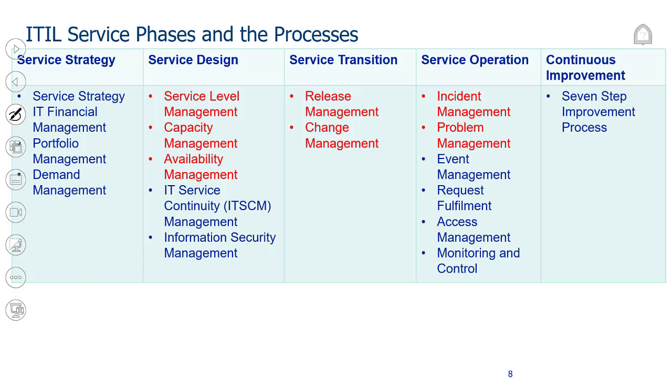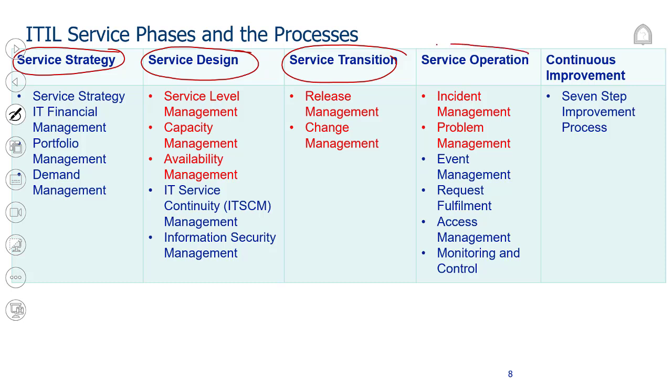We have five phases, and I've listed them in chronological order. We start with the service strategy, where we strategize. Then we go to the service design, then the service transition, then service operation, and then continual service improvement.